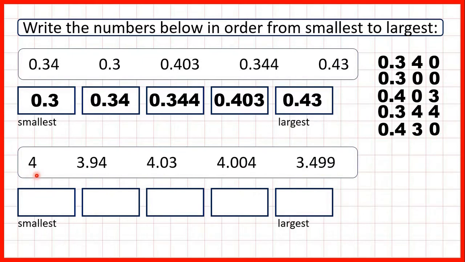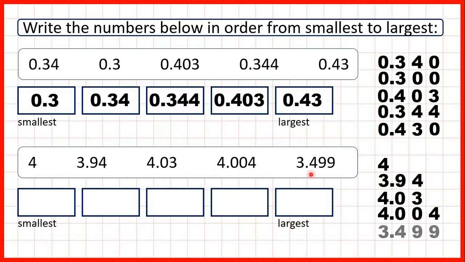Now we need to compare 3.94, so we're writing that with the 3 ones underneath the 4 ones, 4.03, 4.004, and 3.499. Now again, we've got our decimal points lined up, but with the number 4, we have a whole number.